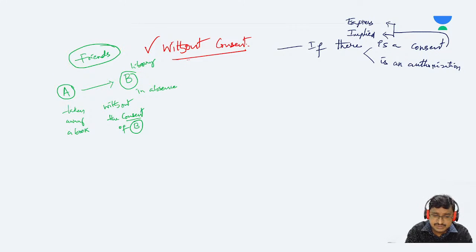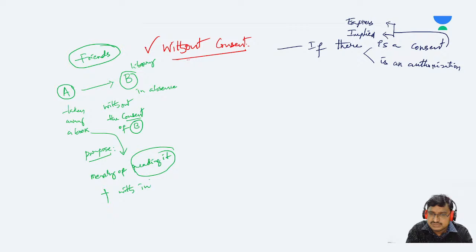Here the purpose of taking away this book by Mr. A is merely reading it, and with the intention to return it after reading it.